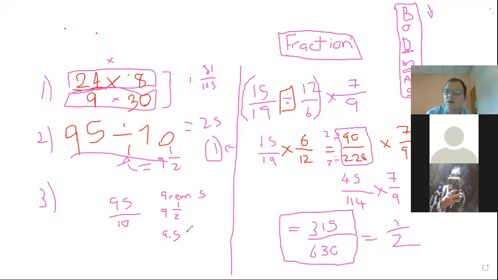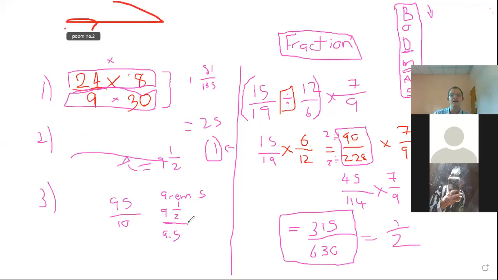But we will look at decimals a little bit later. Decimals can be a little bit more difficult, but we will spend a lot of time on them. But for now, with the fractions, we can easily calculate the fractions if we follow the rules.